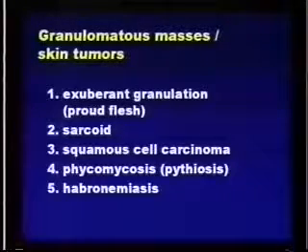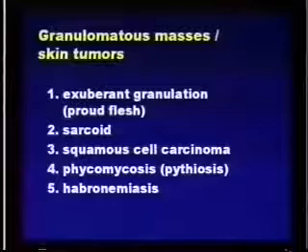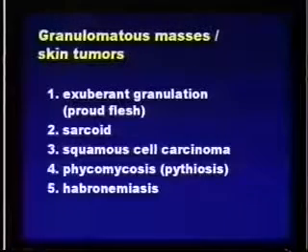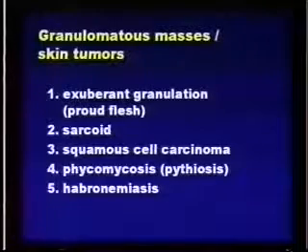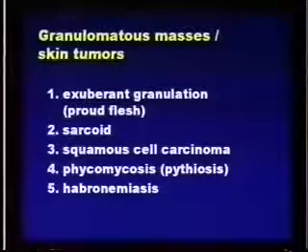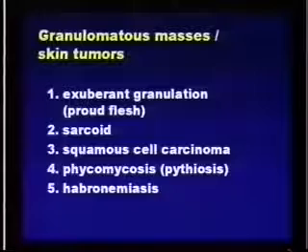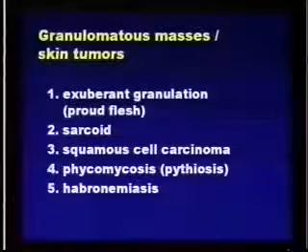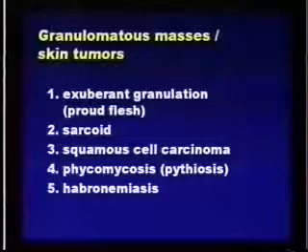Sarcoids are certainly the most common skin tumor in the horse, and frequently will have the appearance of proud flesh. So just looking at them superficially, it may be very difficult or impossible to distinguish between the two.